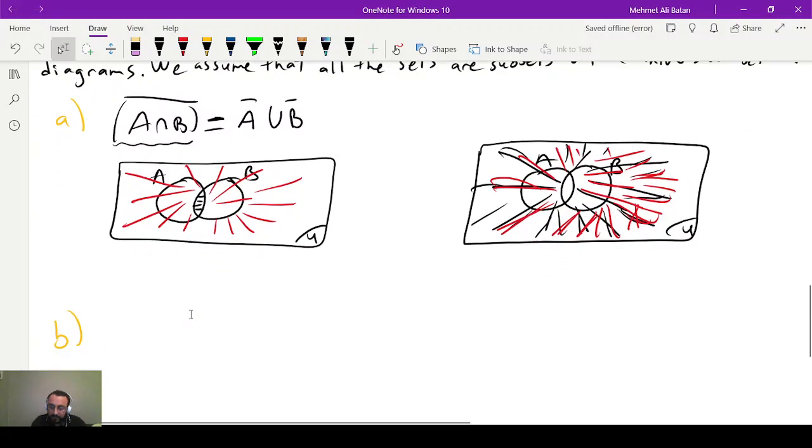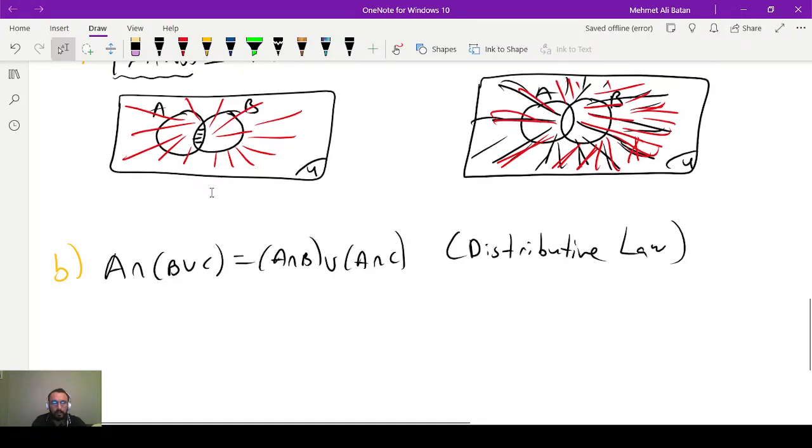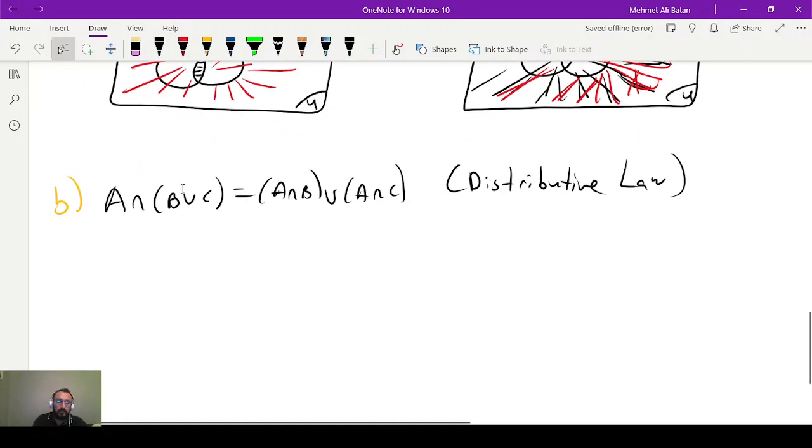Part B is the following: A intersection (B union C) is equal to (A intersection B) union (A intersection C). This is nothing but the distributive law. We know this is true. Let me illustrate using Venn diagrams. Let me sketch the left hand side.